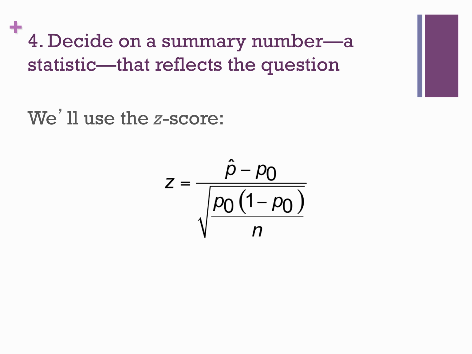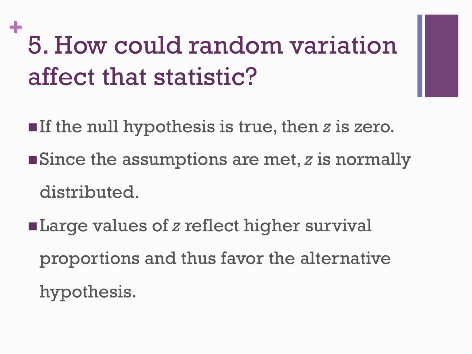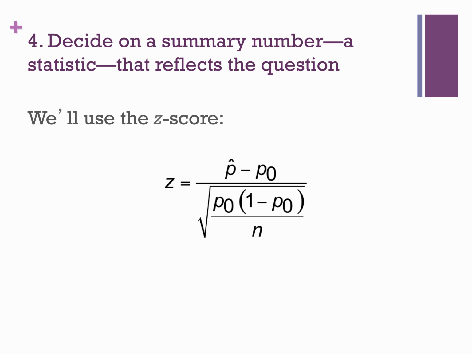Step 4, we're now going to use the z-score. Remember again, that is the p-hat, or our observed proportion, minus our null proportion, divided by the standard error associated with the null proportion. How could random variation affect that statistic? If the null hypothesis is true, then our z will be 0. That is because our numerator, p-hat minus p-naught, will be 0.